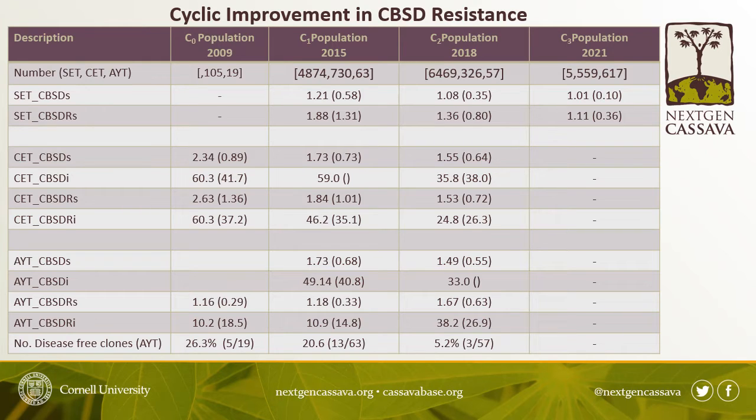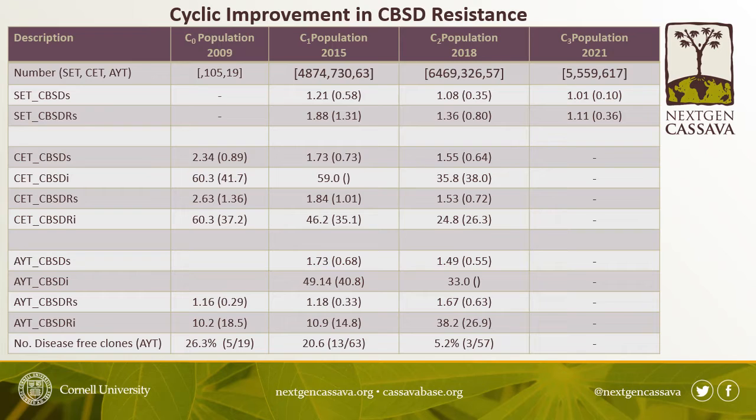First, when you look at the seedling evaluation trial, you can for instance see that the mean cassava brown streak disease foliar severity in C1 was 1.21, in C2 reduced to 1.08, and in C3 it became 1.01. Within limits, that indicates almost a 16% reduction in susceptibility when you compare the C3 individuals with the C1 individuals.